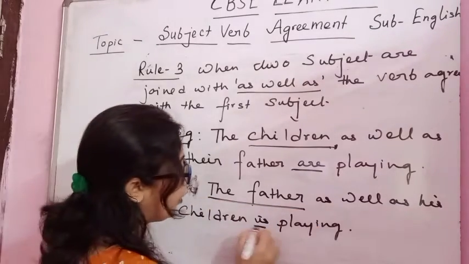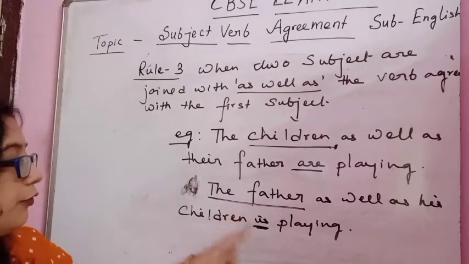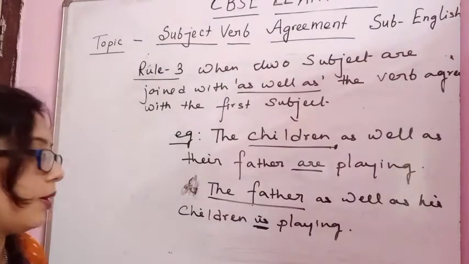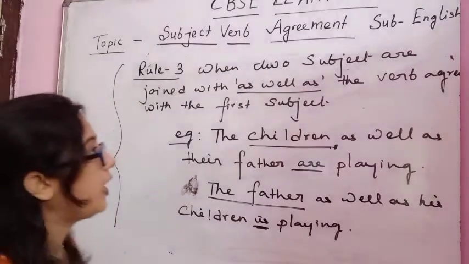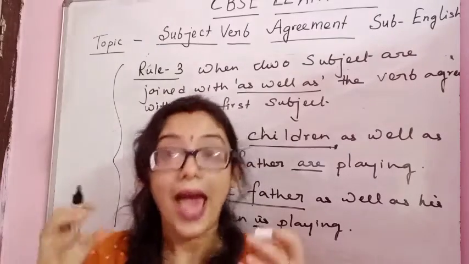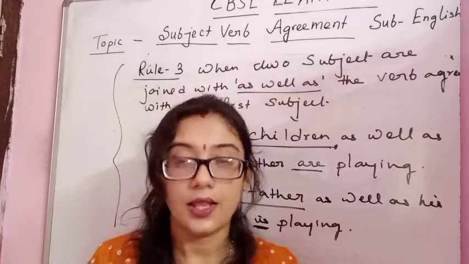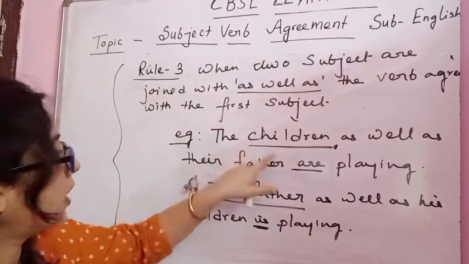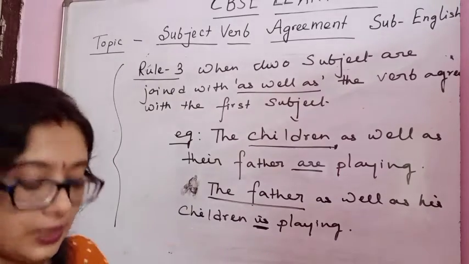So the verb is agreeing with the first subject, that is the father. So I hope this one is clear. Rule 3: if you are using "as well as" to join two subjects, then the verb should agree with the first subject, whatever the first subject is.